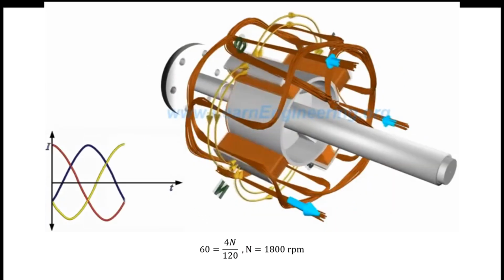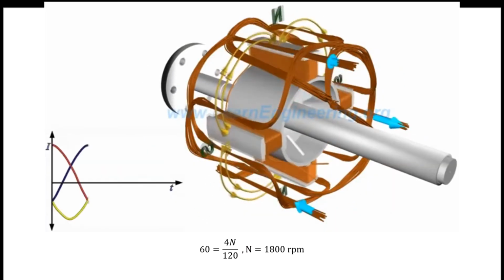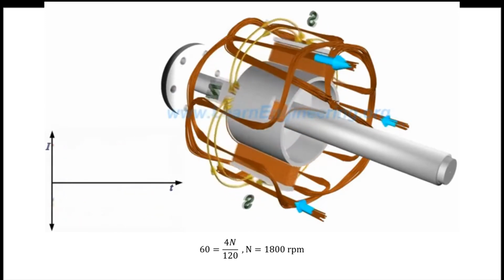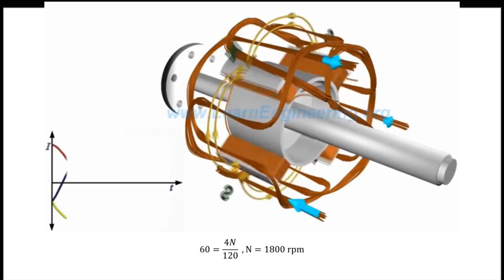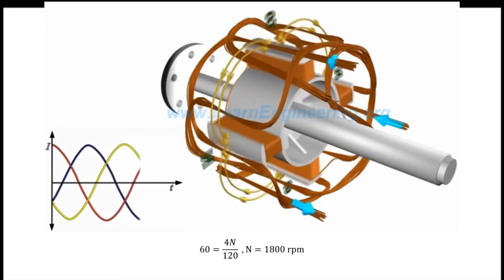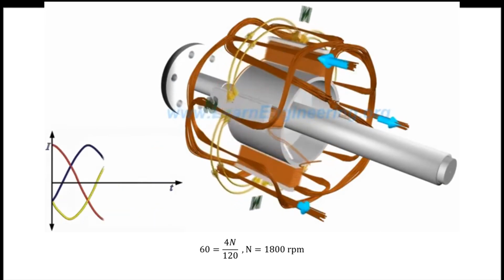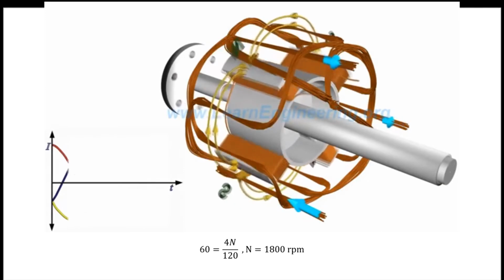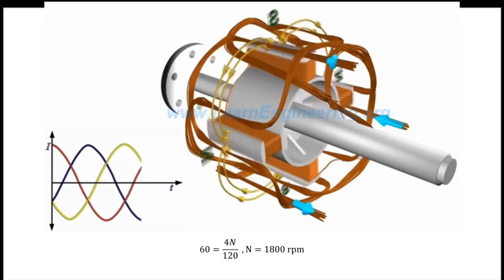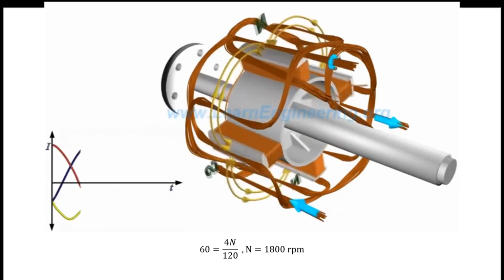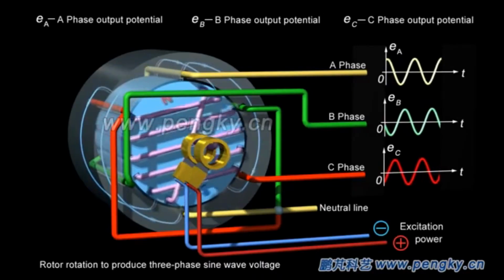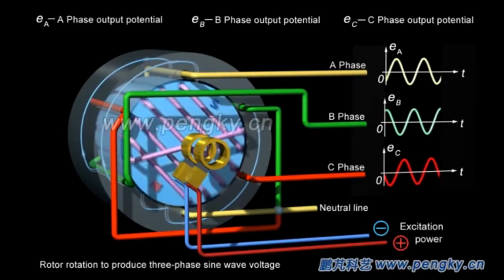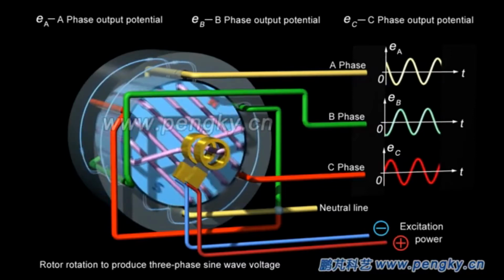Also, it is clear from the previous equation that in order to produce 60 Hz electricity, a four-pole rotor should run at the following speed of 1,800 revolutions per minute. Such huge RPM will induce a tremendous centrifugal force on the poles of the rotor and it may fail mechanically over time. So salient pole rotors generally have 10 to 20 poles, which demands lower RPM.